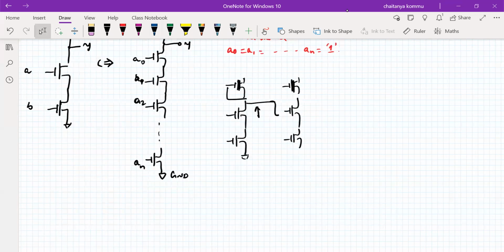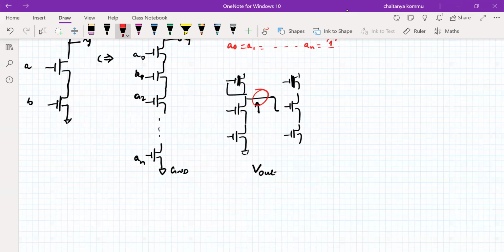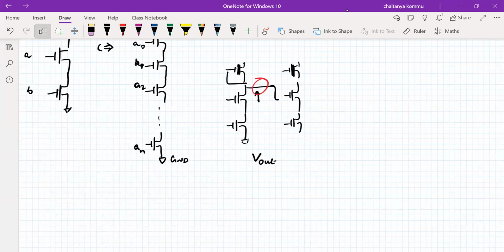When all the transistors are on in the pull-down network, the output should be logic 0, so that the succeeding stages cannot be on.